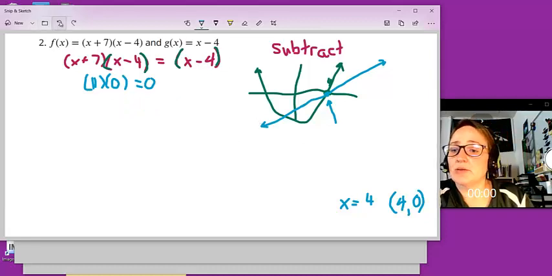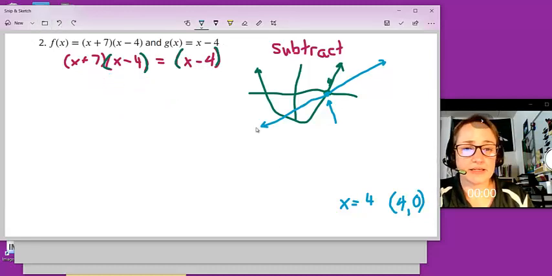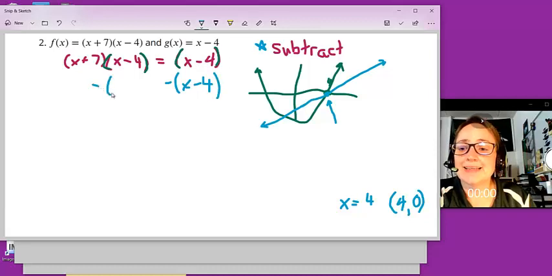Now, we found one of our factors, but it looks like when we draw this line going in here with the parabola, it intersects a second time. So I need to find where this second intersection is happening. This is where the method of subtraction is going to come in. If I subtract this x minus 4 factor from both sides, using our algebraic thinking, I can definitely do that, and what I have left on the right-hand side of this equation is nothing.